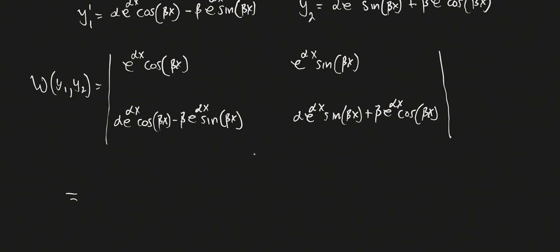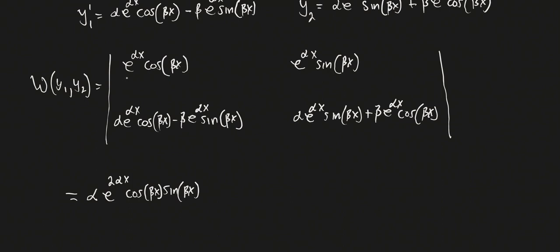So times the first term, we're going to have an alpha, and then I'll have to add the exponent. So I'll have e to the 2 alpha x, and then multiply the sine and the cosine. So this will be cosine of beta x sine of beta x.